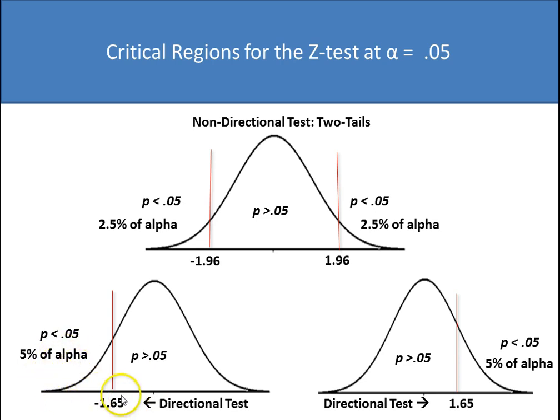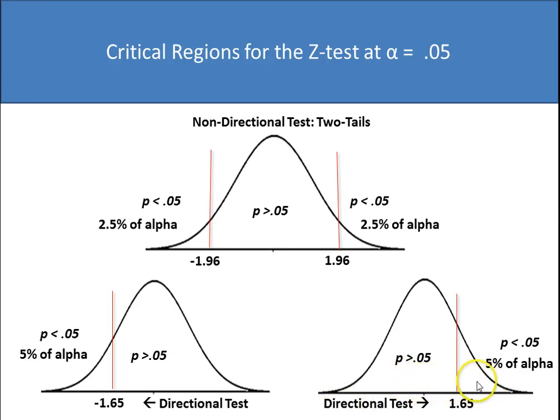And so the z-score that separates out the full 5% of the lowest part of the distribution is a z-score of negative 1.65. If the hypothesis were directional, but in the opposite direction, say the hypothesis was that touch will increase weight, then we would be looking for a direction that would be in the direction of higher than the mean, right?